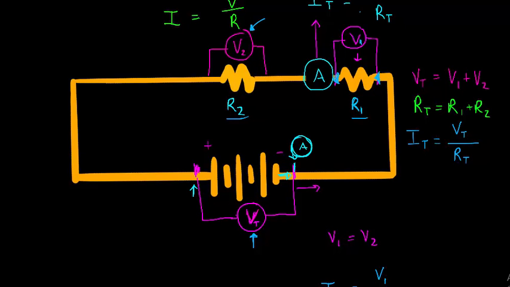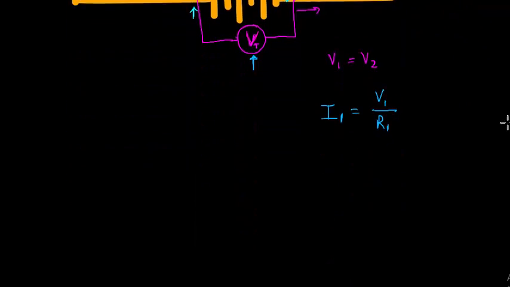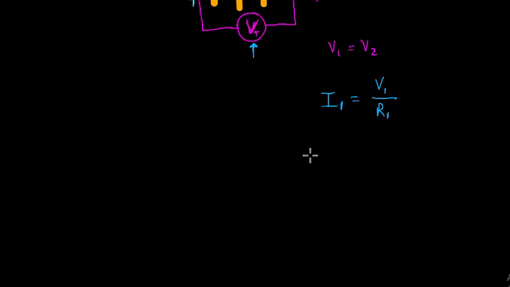So now I need to calculate the voltage that I can read over resistance 2. I can do that by looking at, okay, I know that the current in resistor 2 will be equal to the voltage of resistance 2 divided by the value of resistance 2.